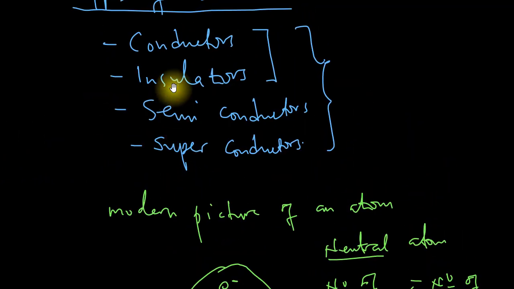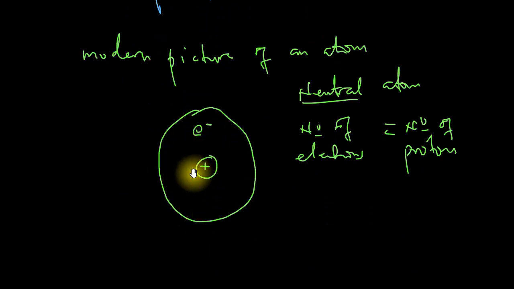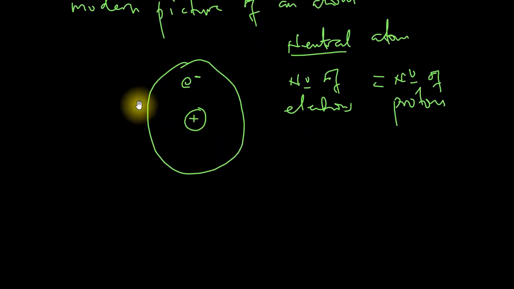In both materials, conductors and insulators, the atoms look the same. They have a positive nucleus and an electron cloud around them. However, the main difference between conductors and insulators is the force with which these electrons are bound to the atom.